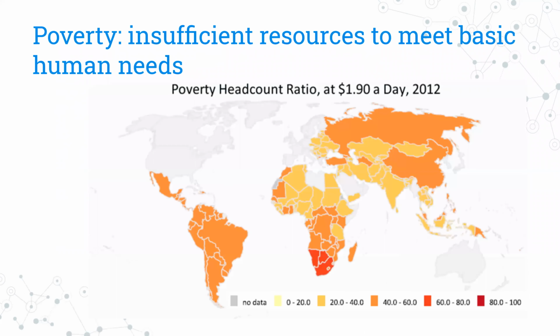So poverty, what is poverty? Because we talk about it all the time, right? It's actually insufficient resources to meet basic human needs. This has changed a little bit and is a little outdated, but in 2012, poverty meant making about $1.90 a day.